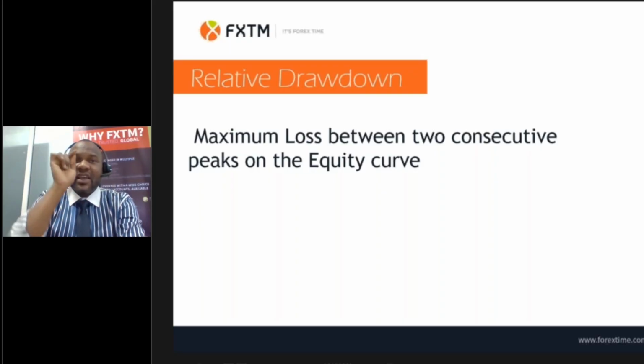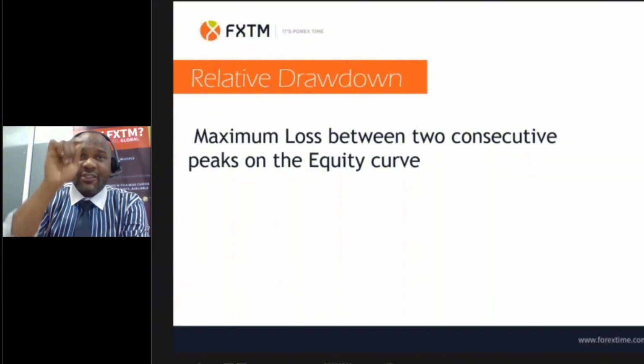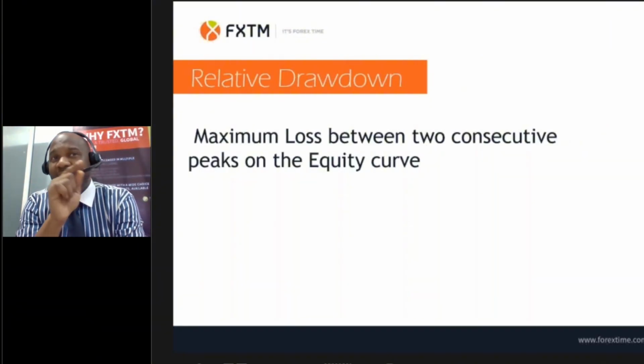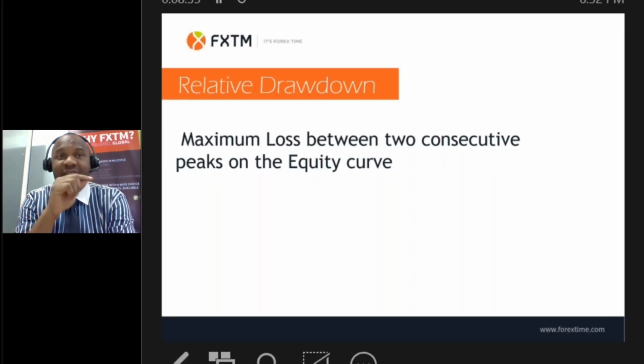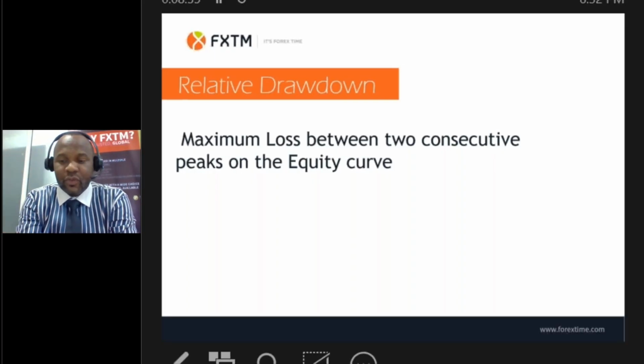It will capture that, hey, this guy had an equity loss as high as so, and that's why relative drawdown has more advantage in that regard. So it's always good to check what relative drawdown is as well, and that also is captured in percentage.